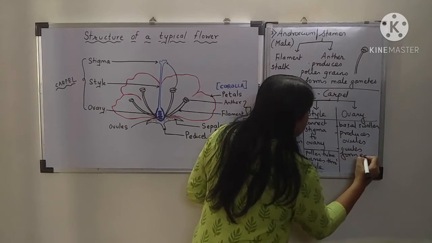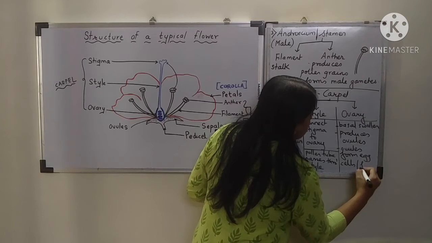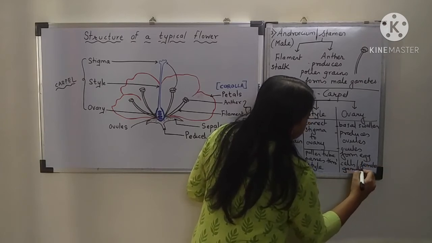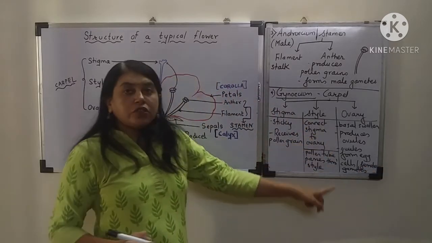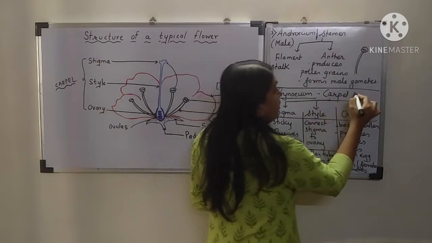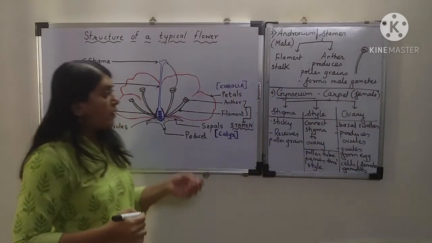Ovules form egg cells or female gametes. So this is what you can write about gynoecium. Gynoecium is the female reproductive part of the flower.